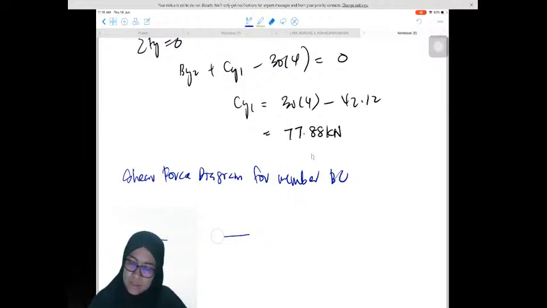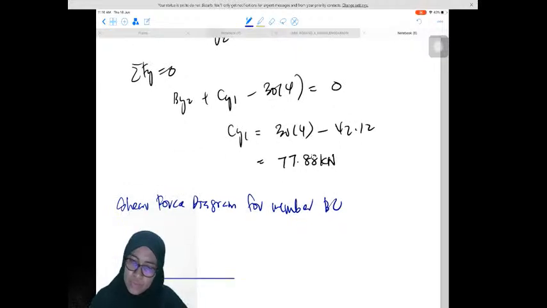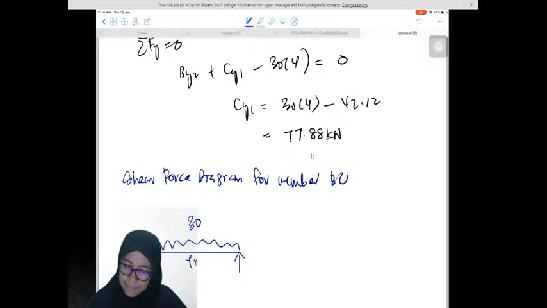The reaction is 42.12, the load is 30 kilonewton per meter, and CY1 is 77.88.